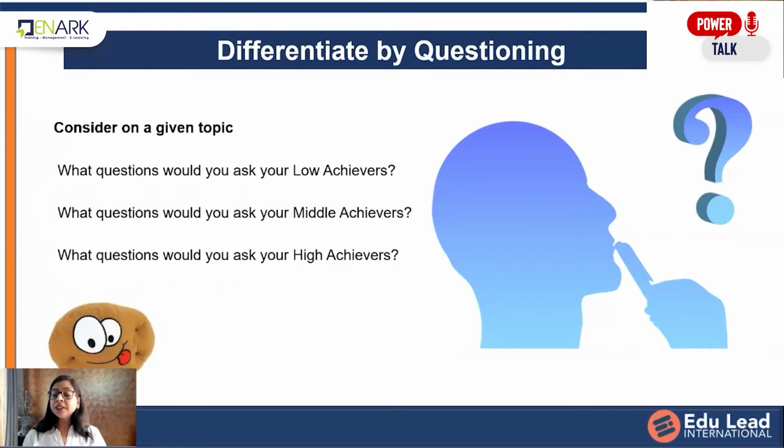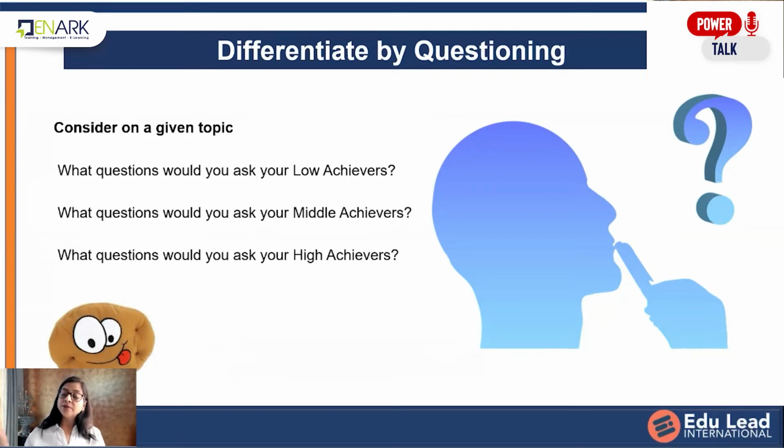Another is differentiate by questioning. So when we say differentiate by questioning, when you are asking questions to the students, try to ask questions according to their skill level. So to a low achiever, you may ask a question which is maybe of direct knowledge or direct understanding. To a middle achiever, you may ask something which is at a higher level of Bloom's taxonomy, which goes on to application and analysis.